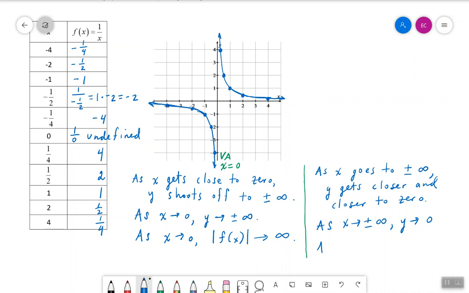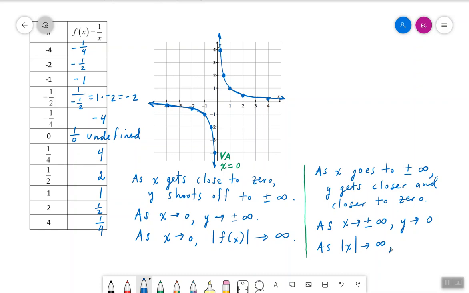Or we could write as the magnitude of x approaches infinity, right? Then that says the same thing, right? That says that we're either at the left or the right end of the graph. X is approaching positive or negative infinity, so the absolute value of x is approaching infinity.